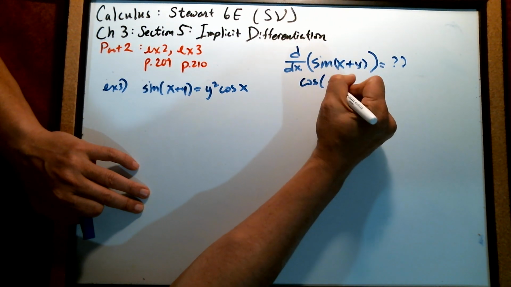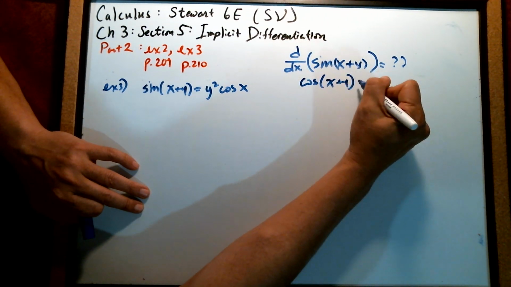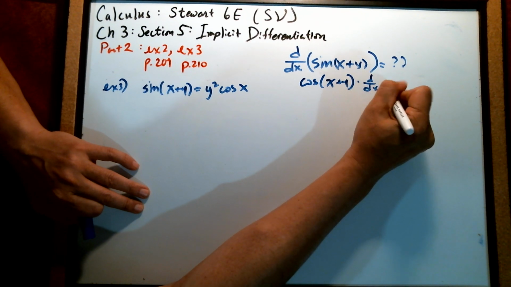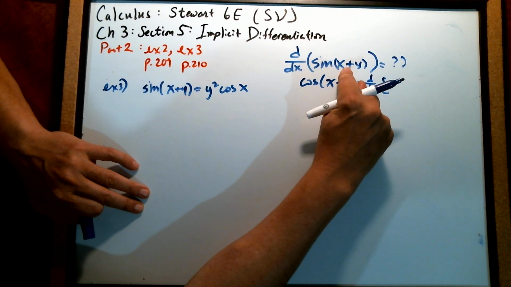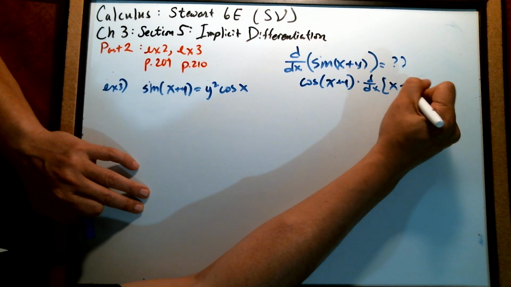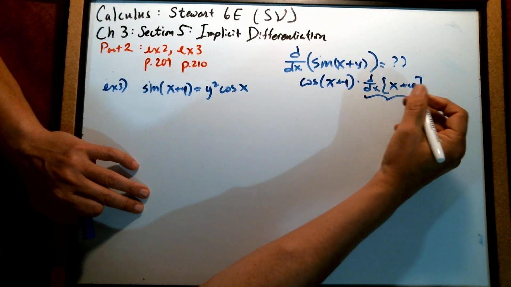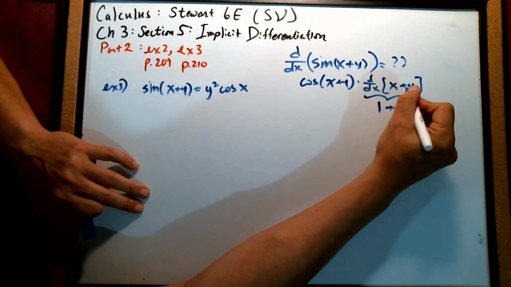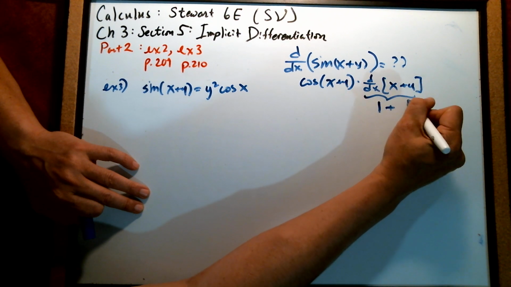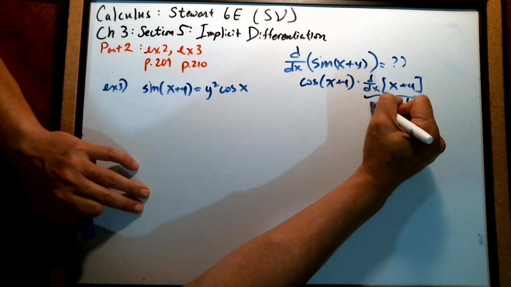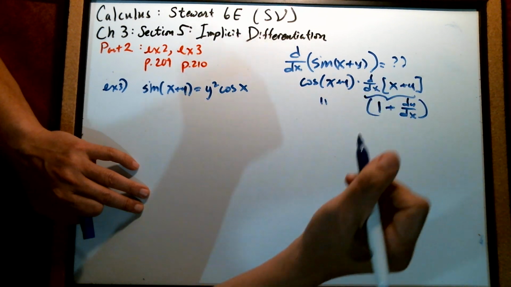Inside stays the same, x plus y, times the derivative with respect to x of the inside, which is x plus y, the chain portion. The derivative of x is going to be 1 plus the derivative of y with respect to x as dy dx. And that's going to be multiplied by that factor.